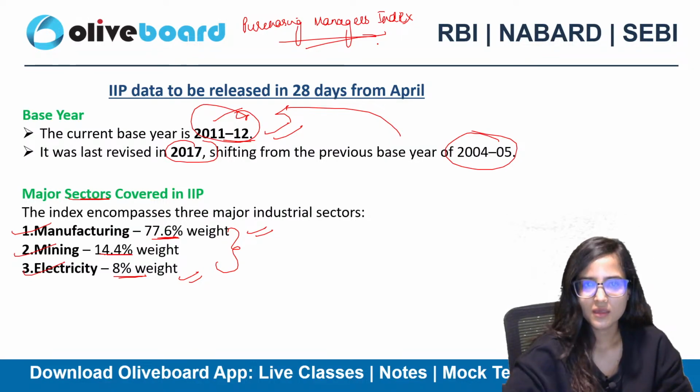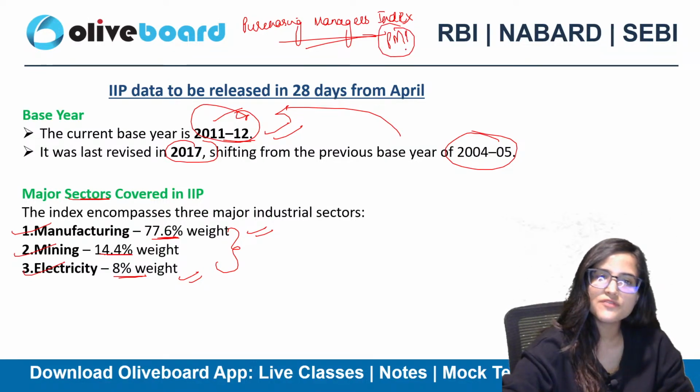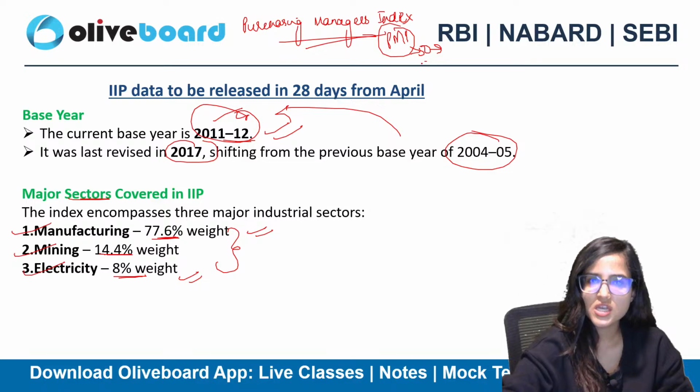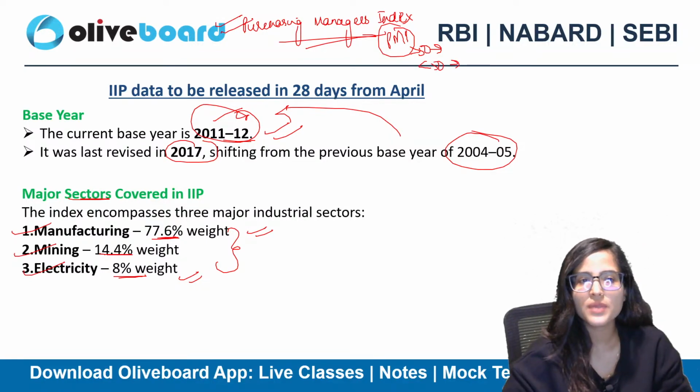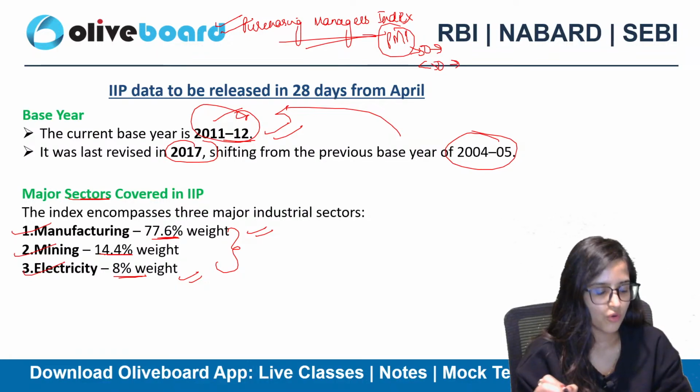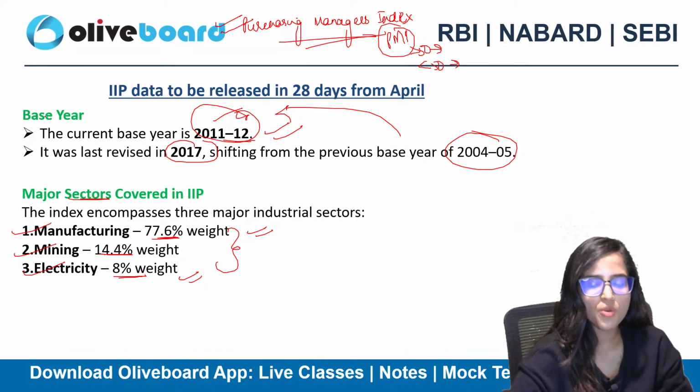In that case, if it is more than 50, it is expansion, and less than 50, contraction. IIP is different from PMI. Here we are talking about IIP.